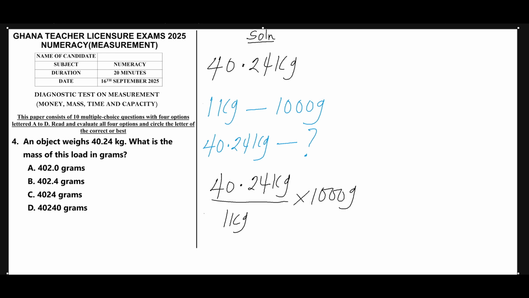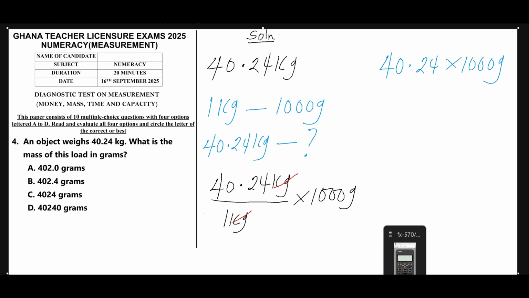Kilograms will cancel out, and 40.24 divided by 1 is the same as 40.24. So we have 40.24 multiplying 1,000 grams.